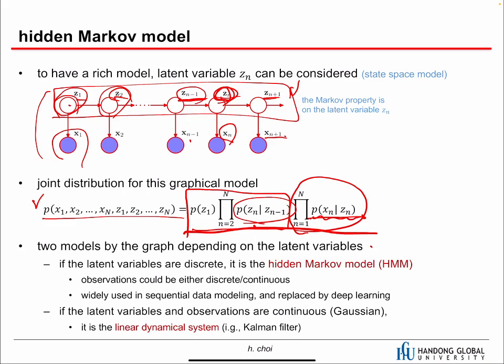If the latent variables are continuous, then it is a linear dynamical system like a Kalman filter. In this chapter, we're going to talk about the hidden Markov model, which means all the hidden latent variables are discrete. We'll talk about discrete and continuous observations later.